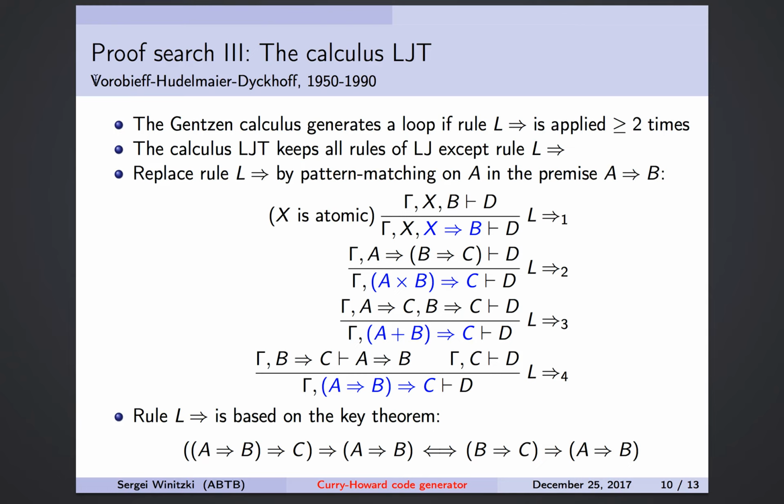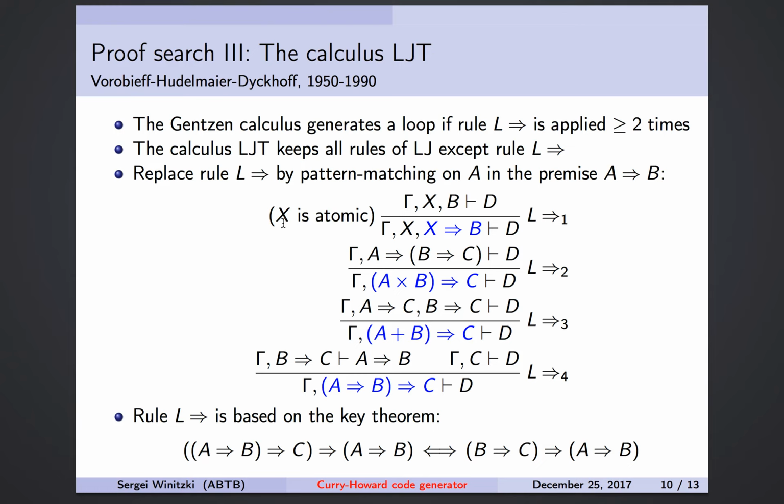So these people, Vorobyov, Hudelmaier, and Dyckhoff, worked for a very long time on this, and finally they discovered how to fix this problem. And the result is called the calculus LJT.